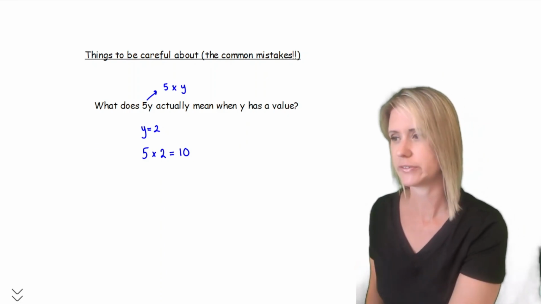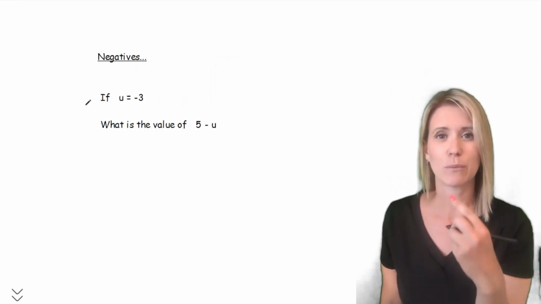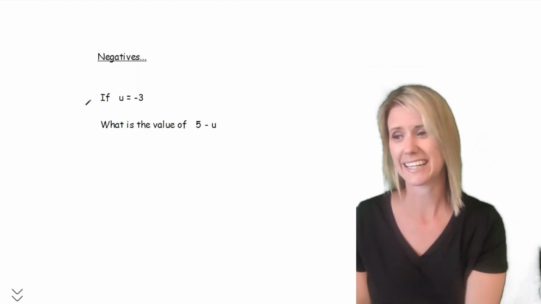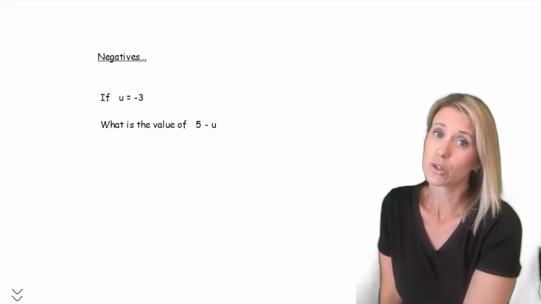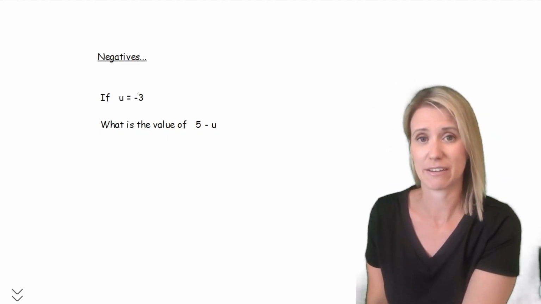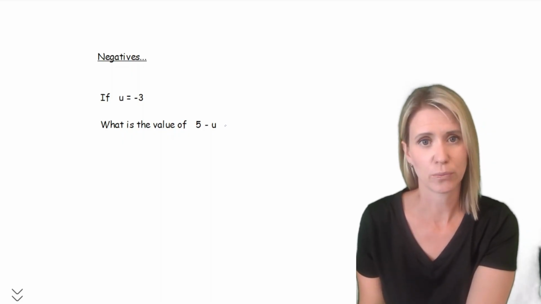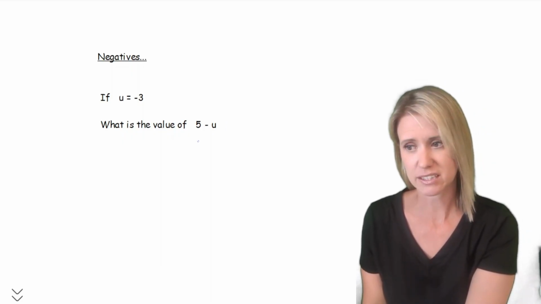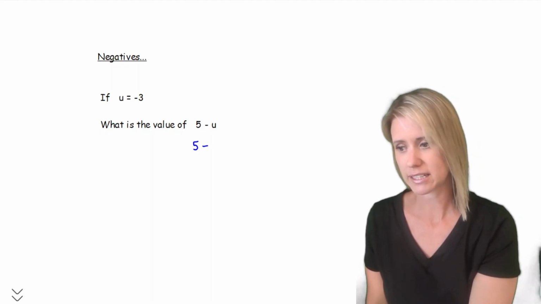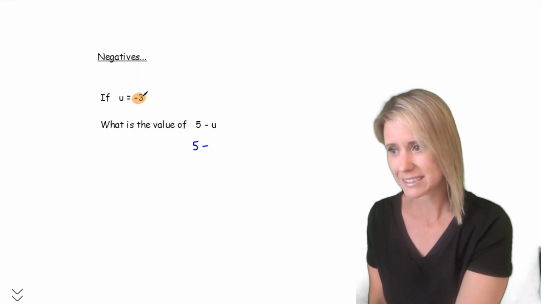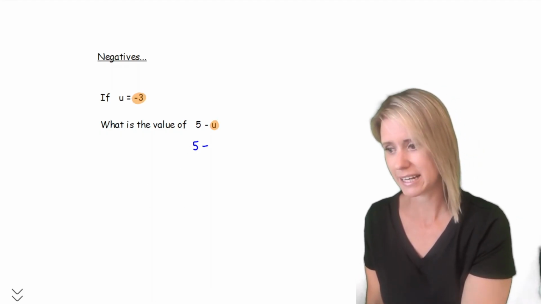The next one is when we're dealing with negatives and we're subtracting a negative. So for example, say you're told that u has the value of -3. What is the value of 5 subtract u? Really careful. We're starting with 5 and we are subtracting our value of u, which is -3.